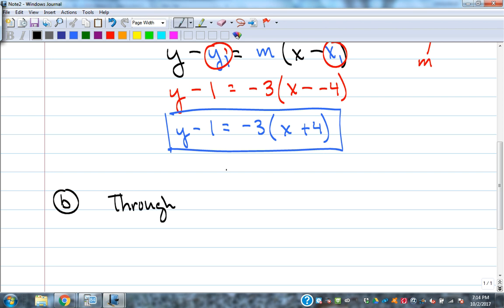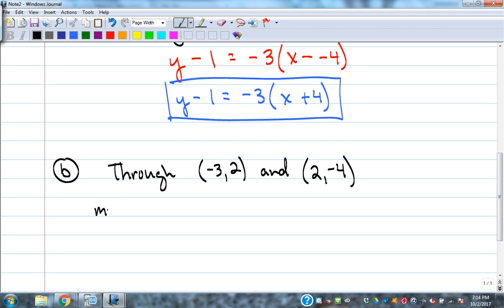We're going to write the equation of a line in point slope form that goes through -3, 2, and 2, -4. Ew. What did they not give us? A slope. But they gave us two ordered pairs. What can I do with that? I can find the slope.